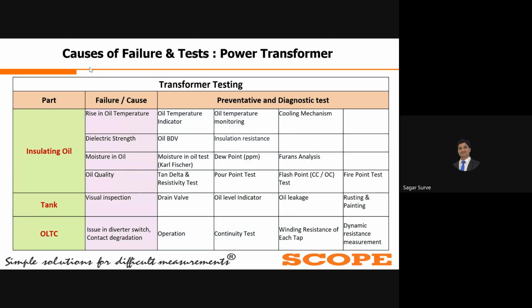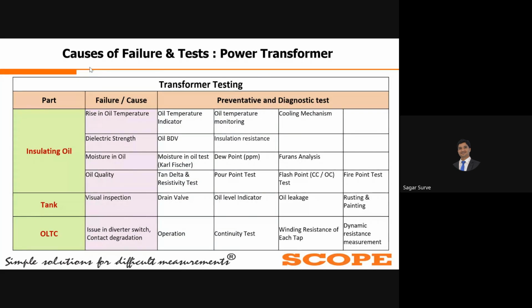And as we said, insulating oil is an important component and plays an important role inside the transformer in its performance. So rise in oil temperature, dielectric strength, moisture in oil, and oil quality can be the causes of failure. So moisture in oil and dielectric strength are the main components which define the performance of the transformer oil.